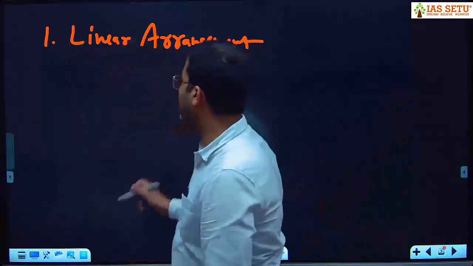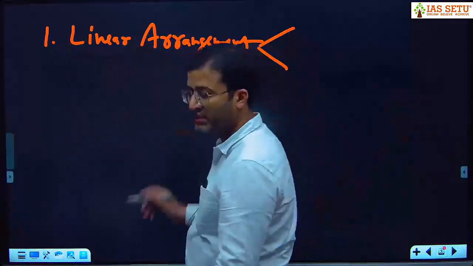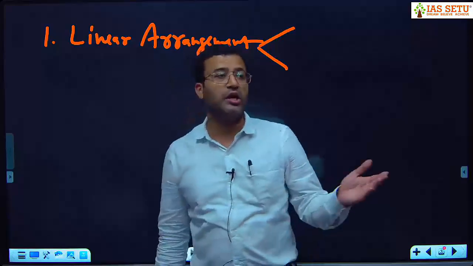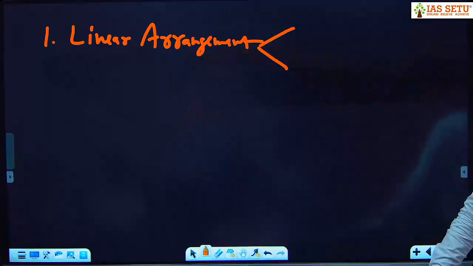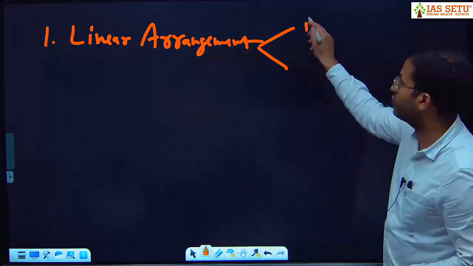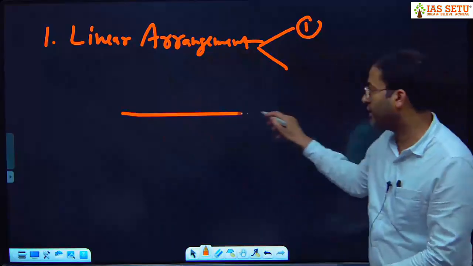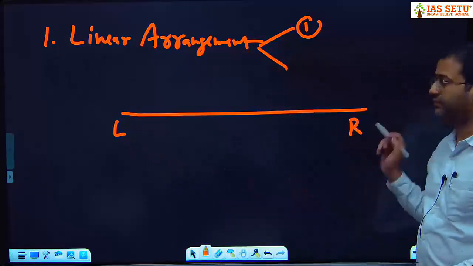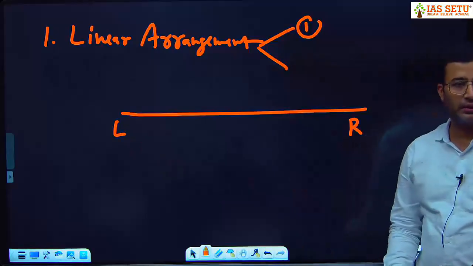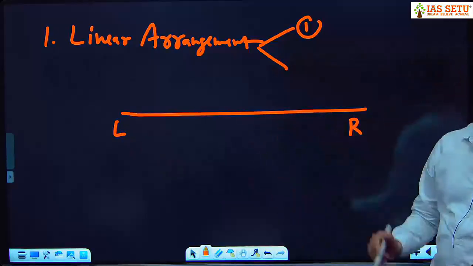We have two types of question in linear arrangement. One is simple, like this Mohan question. Mohan is 7 from the right hand, or Mohan is 7 from the left hand. So you can directly take a line and say this is the left hand, this is the right hand. It is called a direct diagram based solution.